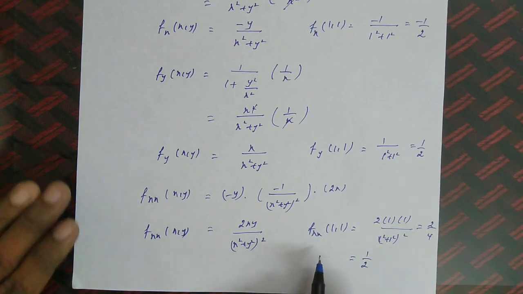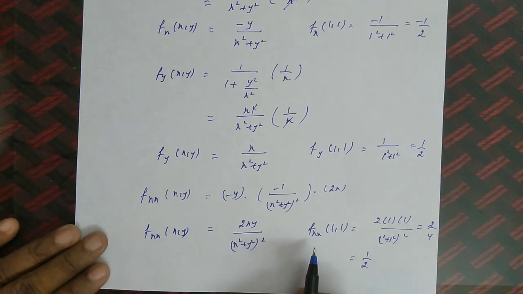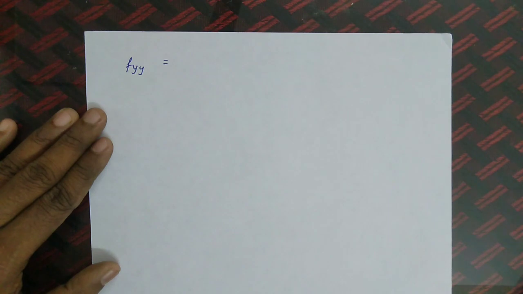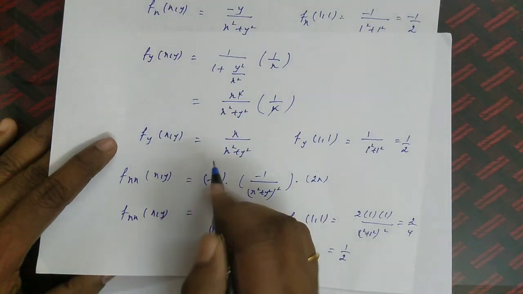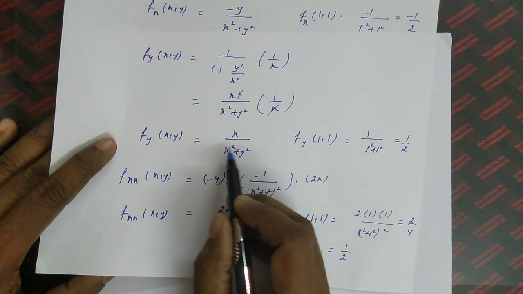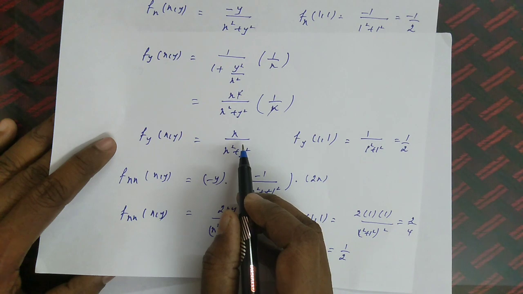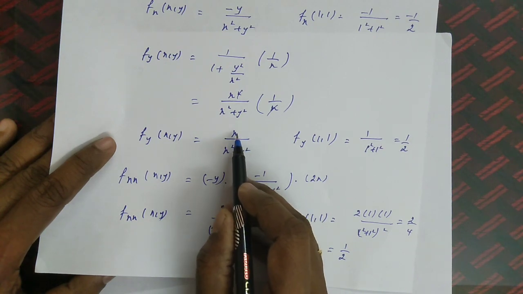This is our fxx. In the same manner we are going to find fyy and fxy. For fyy we are going to find the second derivative with respect to y of fy. So this is our fy, fy of x comma y is x by x square plus y square. For this we find the derivative with respect to y, treating x as a constant.